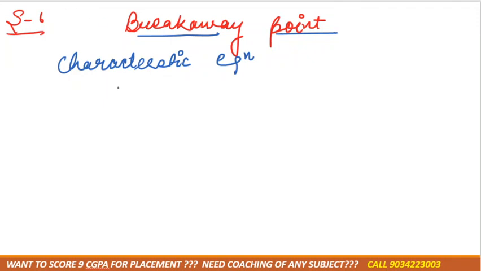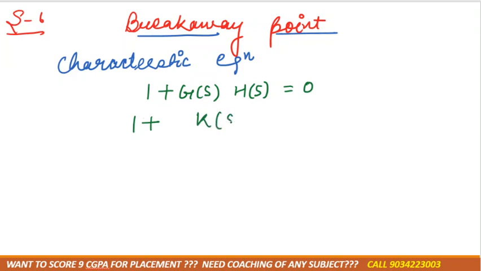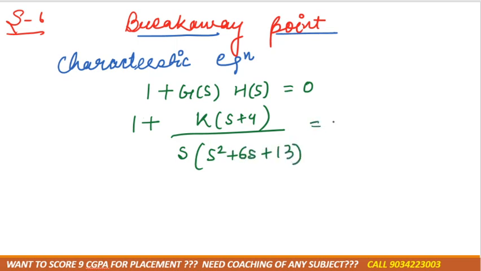What is the formula for the characteristic equation? 1 plus GsHs is equal to 0. So 1 plus GsHs is given in the question: K into s plus 4 over s square plus 6s plus 13 is equal to 0, right? So from here you need to calculate the value of K, correct?